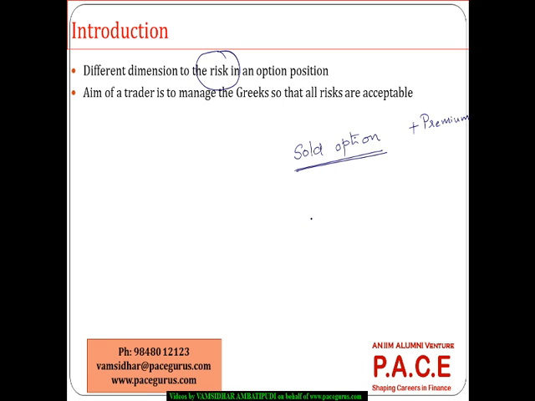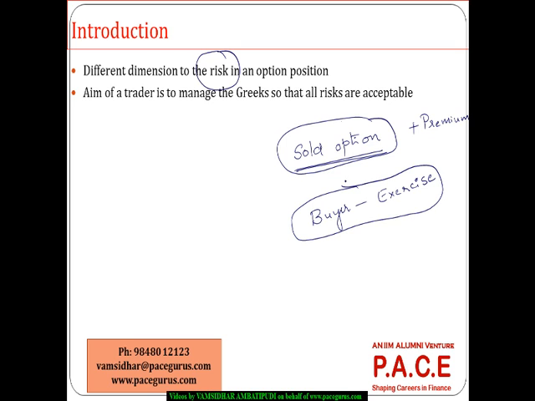If the buyer of the option wants to exercise it, there is no other option. This person has to adhere to the contract. So the buyer will exercise only when there is a profit to him, which means there is a possibility of loss to the seller of the position. So how is he mitigating the risk in that particular position?